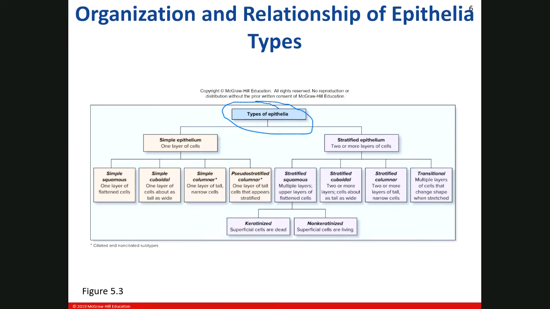If you're into the memorization thing, memorize this chart. When you have epithelium, start off with simple and stratified, and then you can look down at the subcategories, like simple squamous, simple cuboidal. Then you can learn about a few of the characteristics, and then move into more of the specifics. Just start with this so you're not overwhelmed.